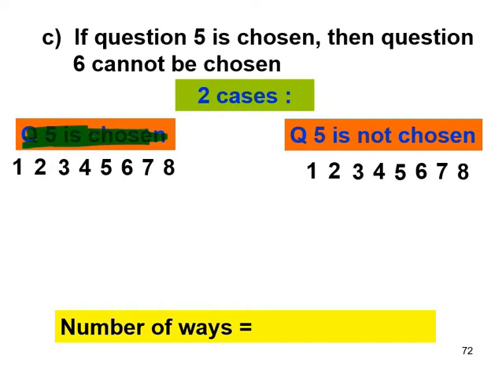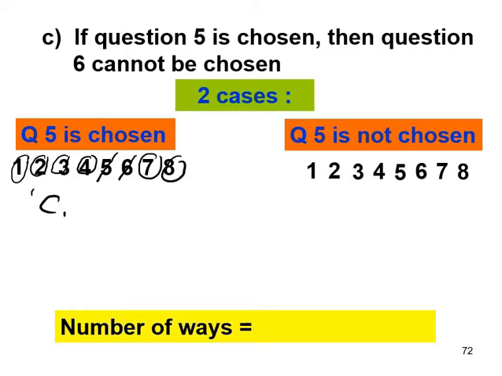So 1C1 for question 5 is chosen, but if we choose question 5, we cannot choose question 6 automatically. So we only have 6 more questions: 1, 2, 3, 4, 5, 6. 6 more questions, and we need to choose another 4 because we need 5 questions.